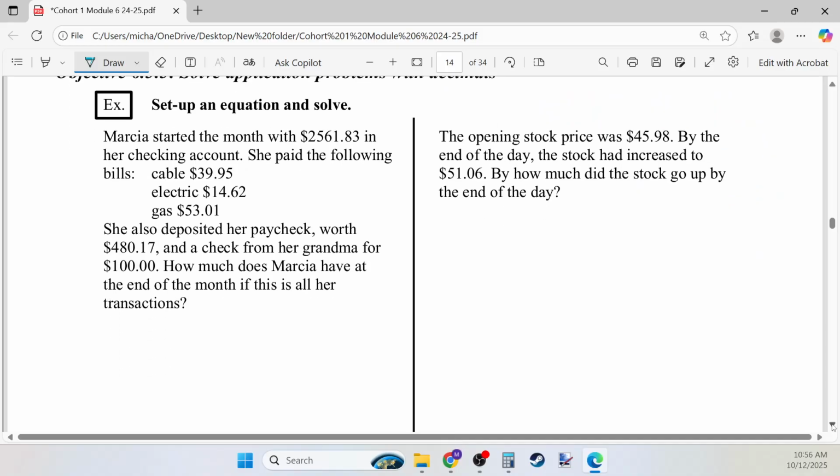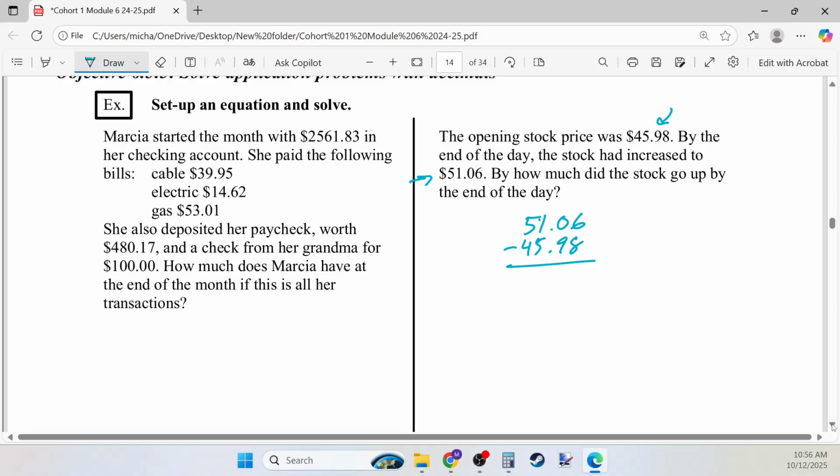Now we have some word problems. Opening stock price was $45.98. By the end of the day, the stock had increased to 51.06. By how much did the stock go up? So put the big number on top, a little number underneath.